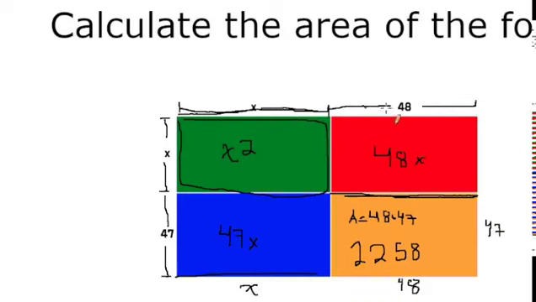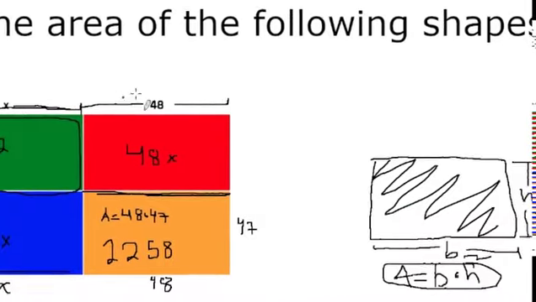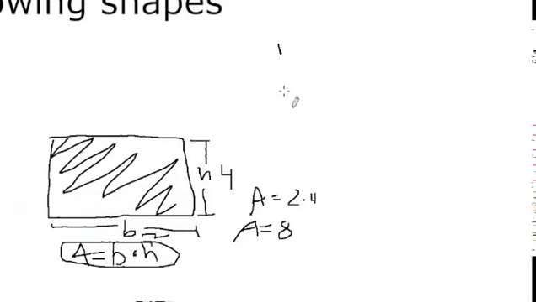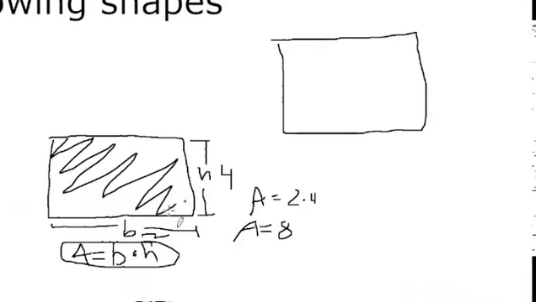It's like if I told you this whole thing is 4, but I can also say that from here to here it's 3, and from here to here it's 1.